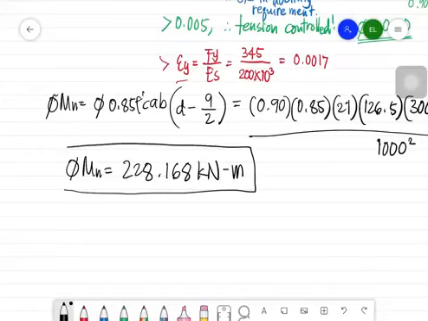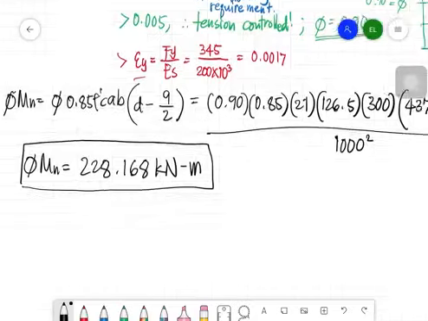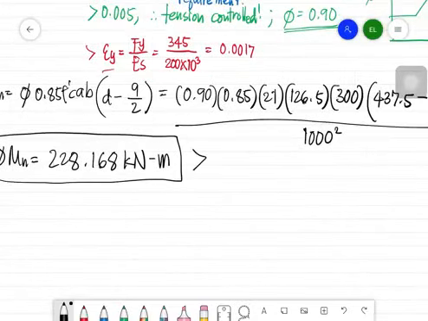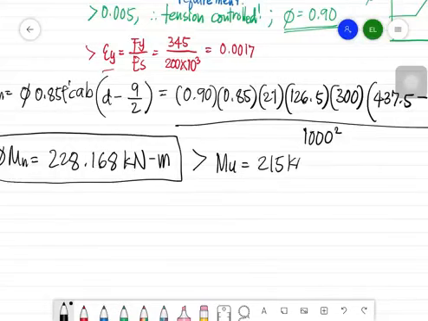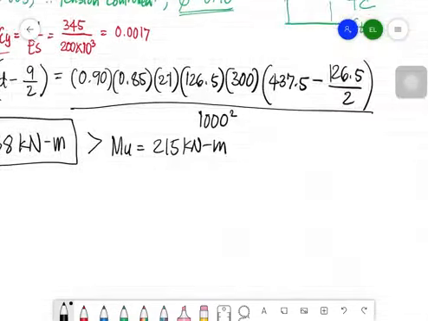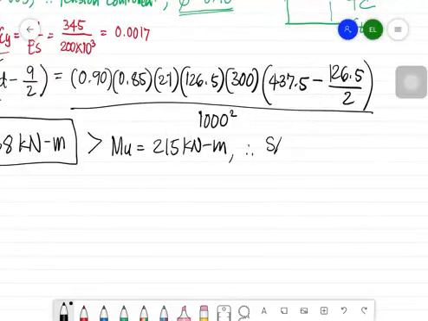This is the ultimate moment capacity of the beam, and definitely this is greater than your Mu, which is given, equal to 215 kilonewton meter. Therefore, this is safe in terms of bending.